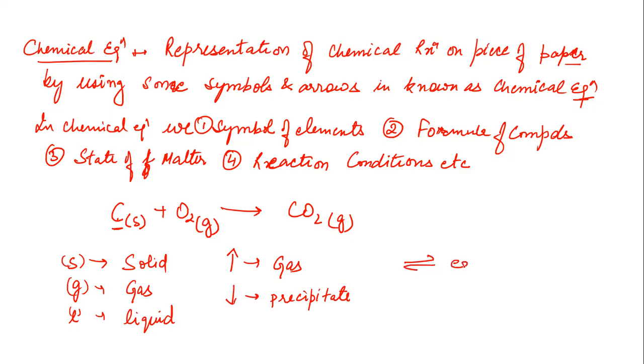This arrow is for an equilibrium reaction. This represents heat. This represents sunlight. These are the things we have to remember in a chemical equation.